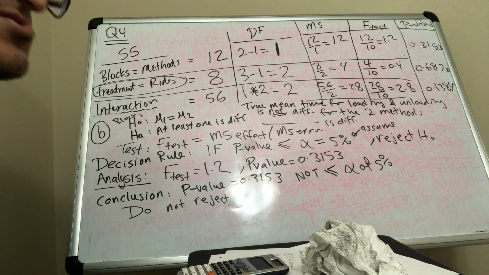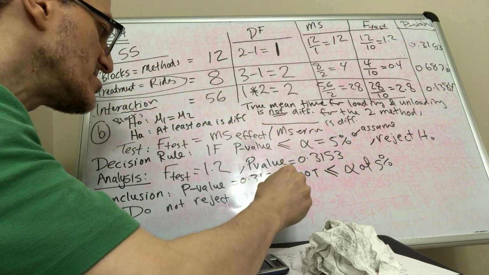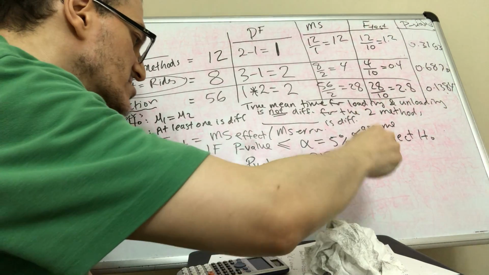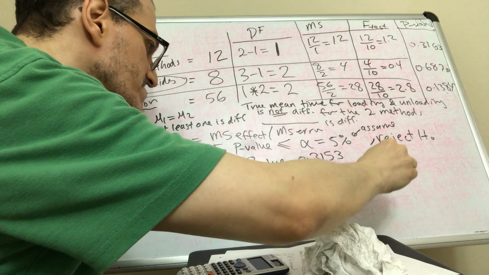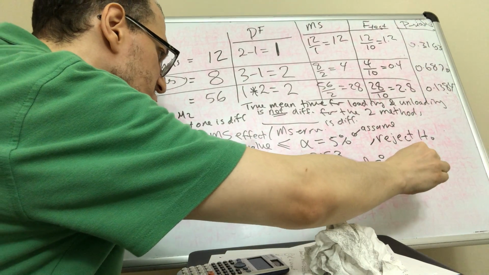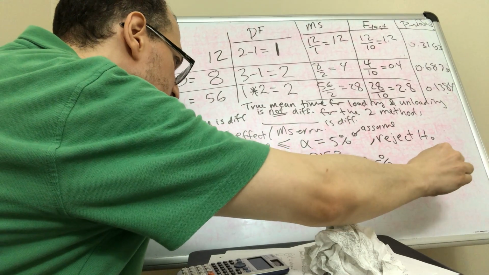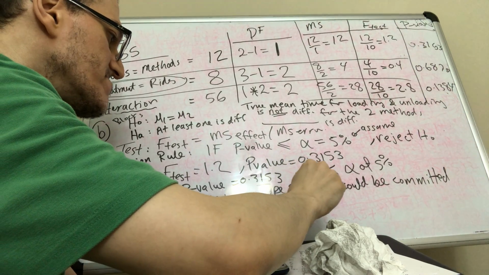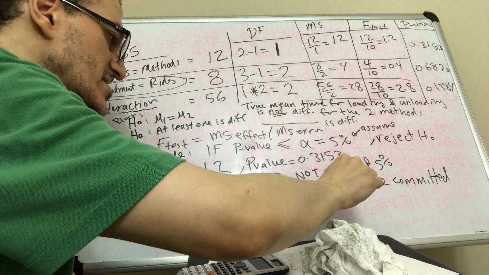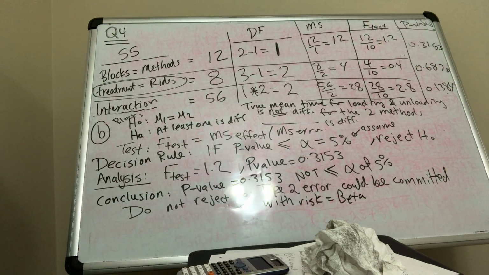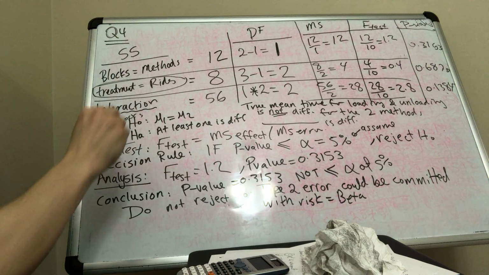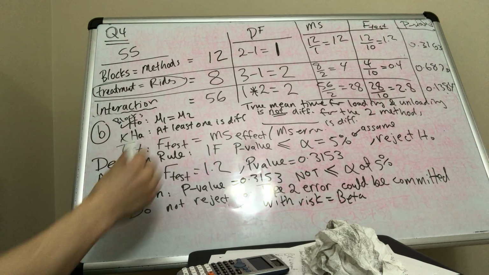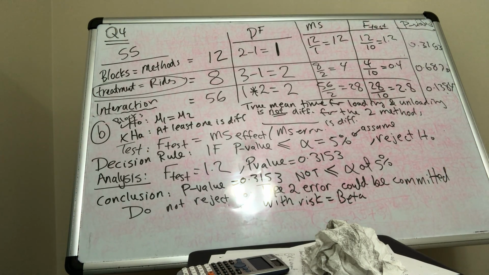And anytime you don't reject, you say type 2 could be committed with risk equals beta, and you don't need to calculate. Not rejecting, meaning you're accepting that they're the same. We have no evidence that at least one is different.